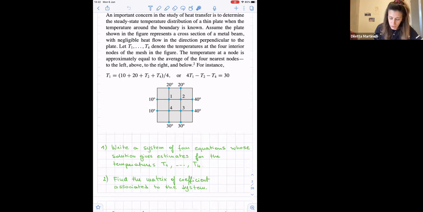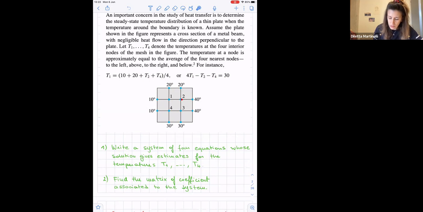So T1 is equal to 10 plus 20, plus T2, where the temperature is unknown, and to the one below is the temperature T4. We sum all of the nearest nodes and divide by 4. Rewriting the equation, we get 4T1 minus T2 minus T4 equals 30.